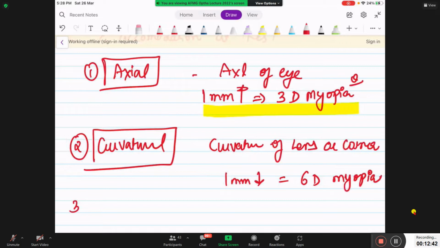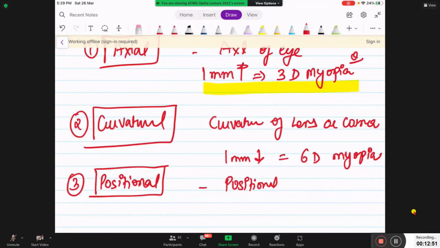Third, positional myopia. What happens in positional myopia? It depends on the position of your lens. If your lens moves anteriorly, then it will induce myopia.